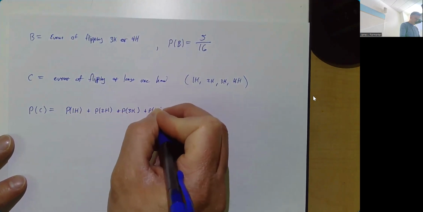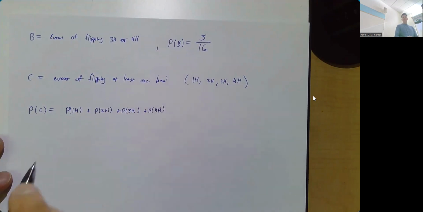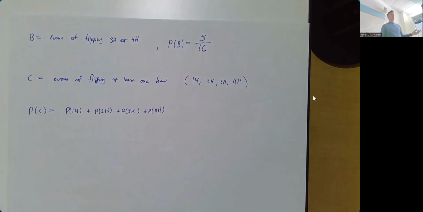The reason we're allowed to add these together without having to think about it is because they're all disjoint. You can't flip 1 head and 2 heads at the same time. It's either one or the other. So if things don't overlap in any way like that, we can just add them all together. There's a little more to say about that, which we'll get to later, not today.